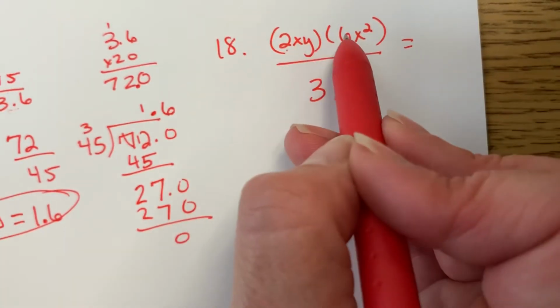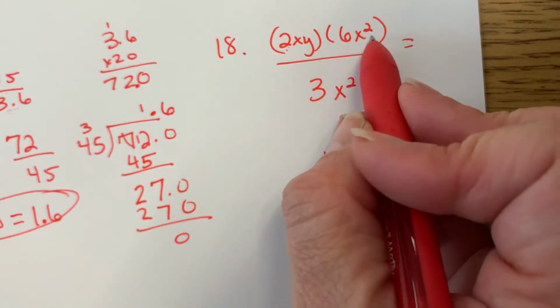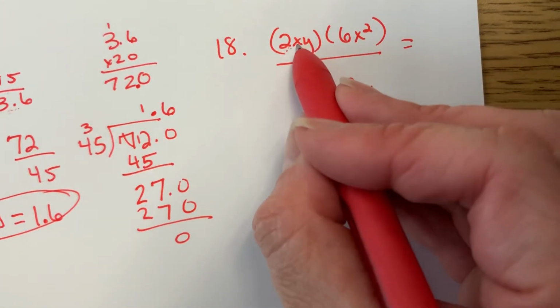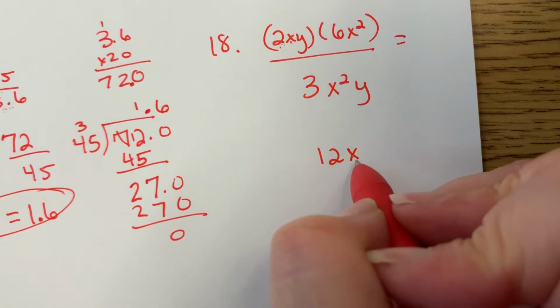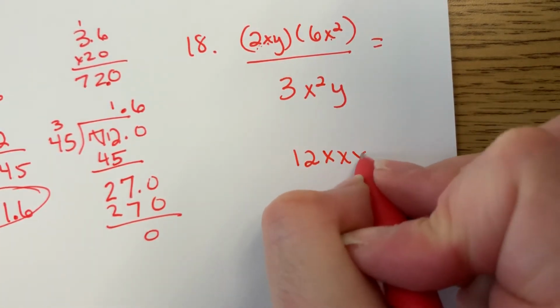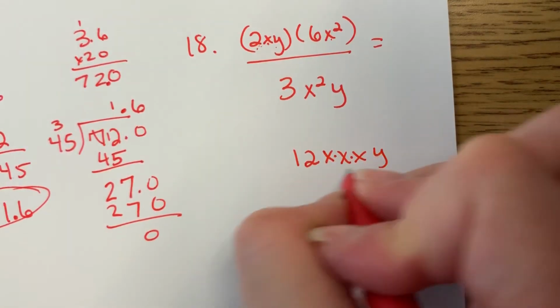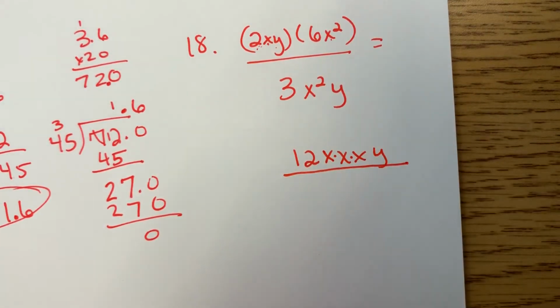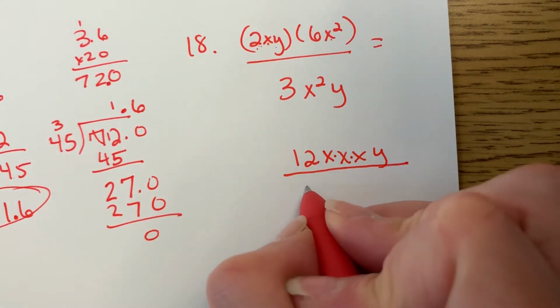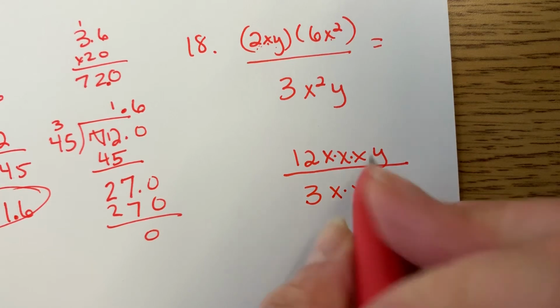So I think what we'll do is multiply the 6 times the 2, and that's 12. Now I'm going to list out all of my factors here. So I've got an x here, and since I want to do them in order, I'm going to go ahead and put these two x's. So these are all multiplied times each other, and then I have a y. And then on the denominator, I have a 3, then I have x times y.